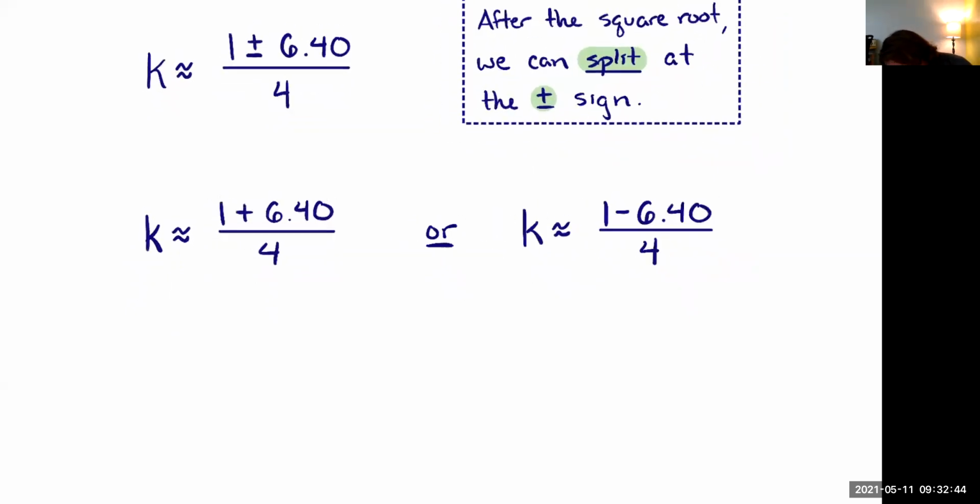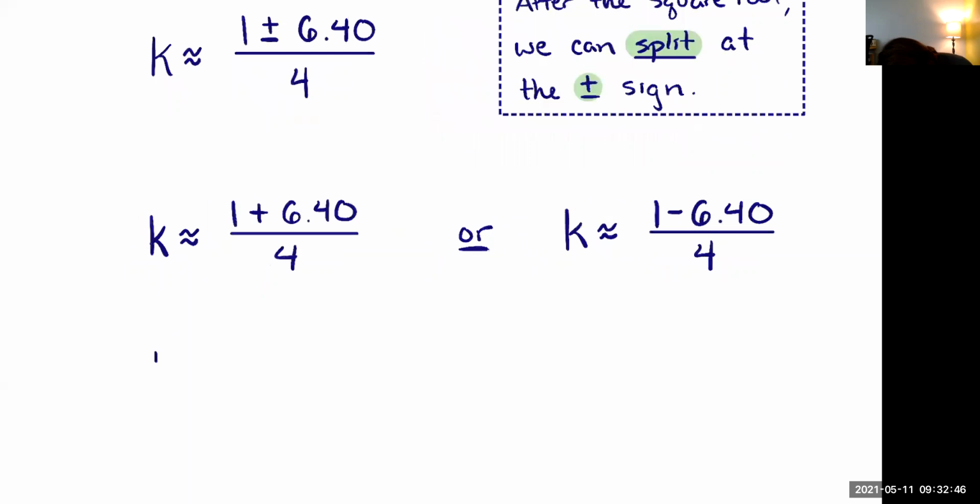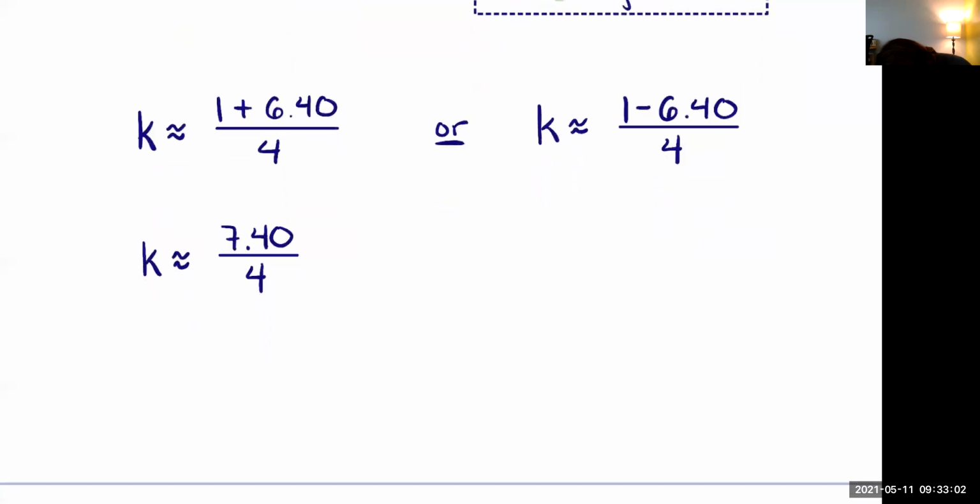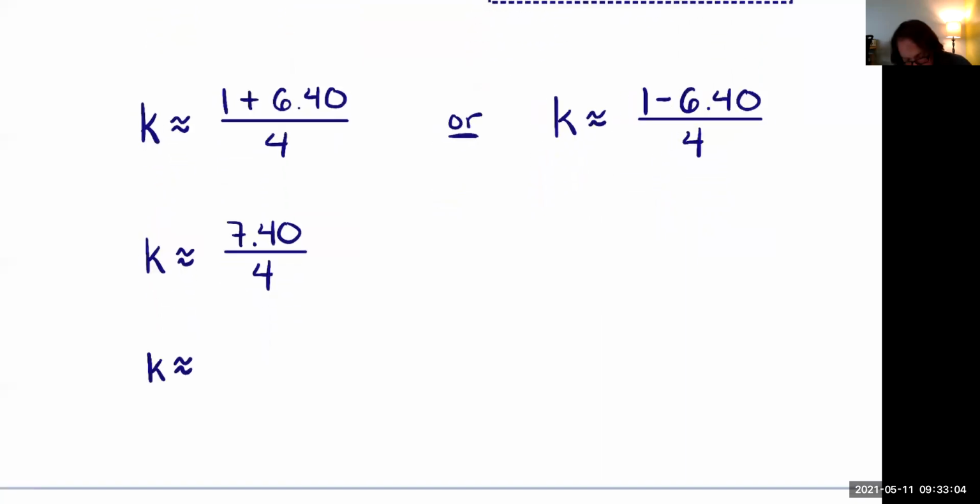So on the left, what's 1 plus 6.40? Oh, it should be 7.40. And then you may have to grab a calculator for this. That's okay. What is 7.40 divided by 4? 1.85.